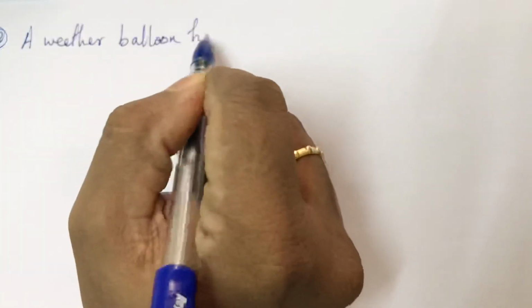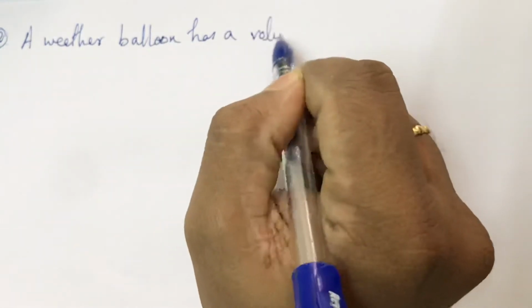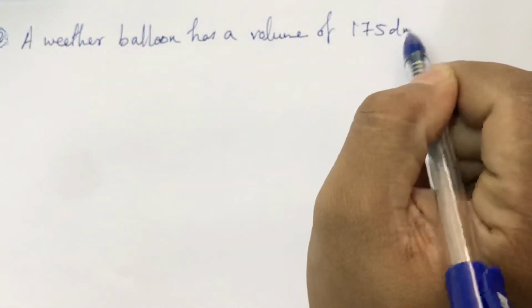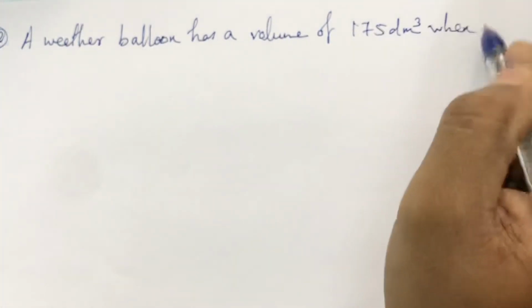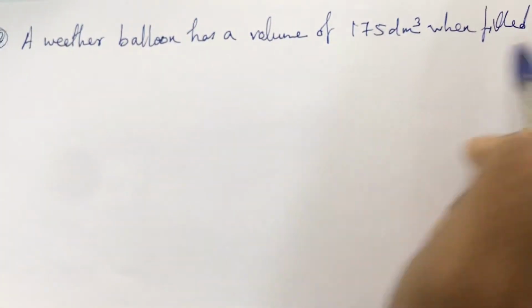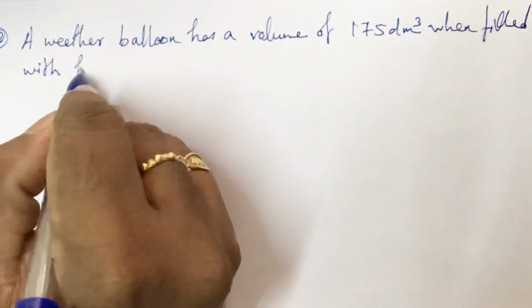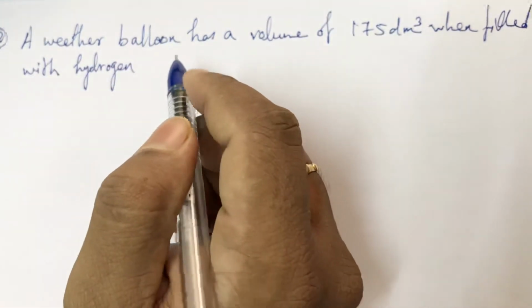Question number 2. A weather balloon has a volume of 175 dm cube when filled with hydrogen gas. So have you seen the weather balloon?